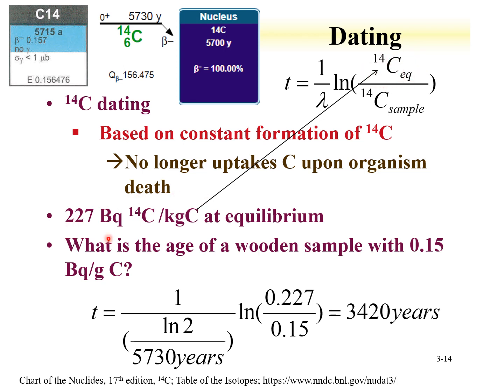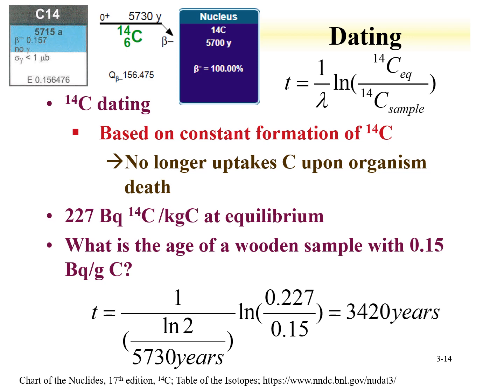That organism is no longer taking up carbon upon its death, or it ceases that interaction, so the carbon-14 begins to decay. If I know the amount of carbon-14 in a certain amount of carbon at equilibrium, so at time 0, and I see how much carbon-14 there is per unit mass of carbon at the current time, one could measure the sample age. We just rearrange the equation we used previously.